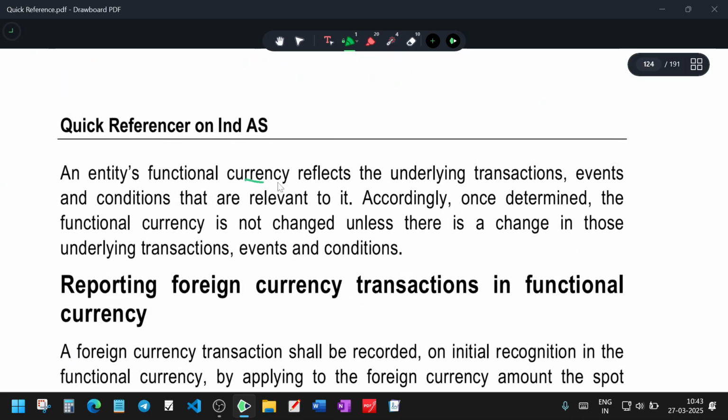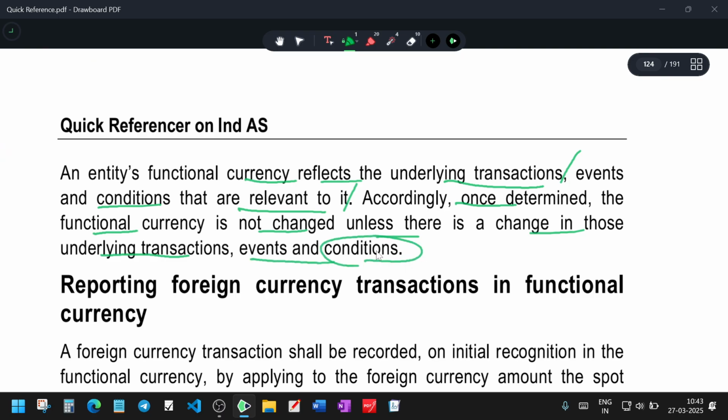The entity's functional currency reflects the underlying transactions, events, and conditions that are relevant to it. Once determined, the functional currency is not changed unless there is a change in those underlying transactions, events, and conditions.